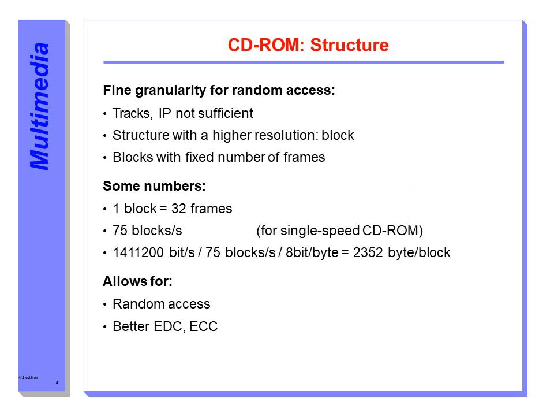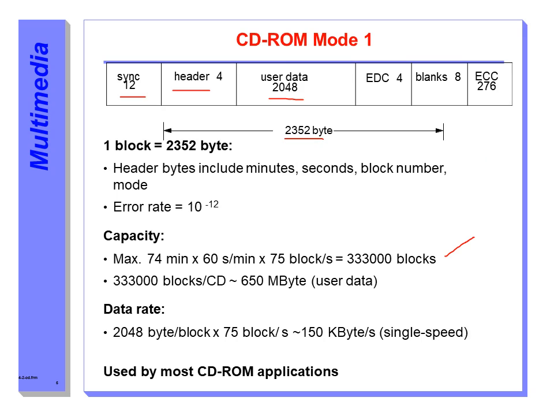This shows how it's going to be using 75 blocks per second, at 1,411,200 bits per second. So, multiplied by 1 divided by 75 seconds per block, divided by 8 bits per byte, equals 2352 bytes allocated for each frame. It also allows random access and is better for error detection and error correction operations.